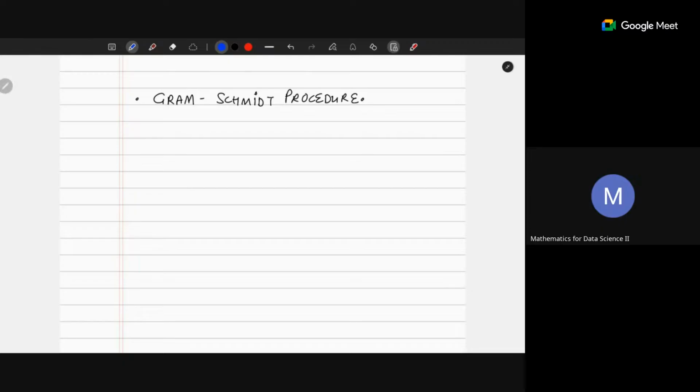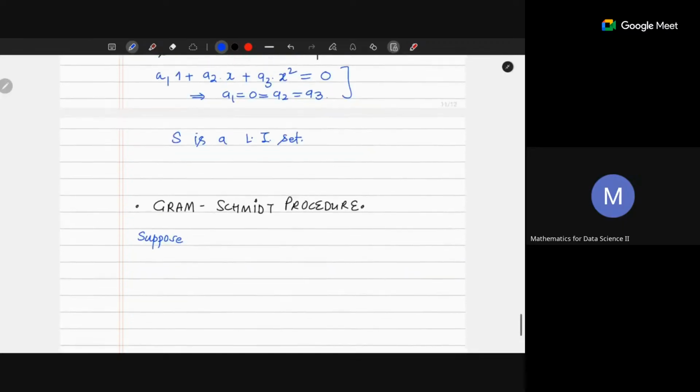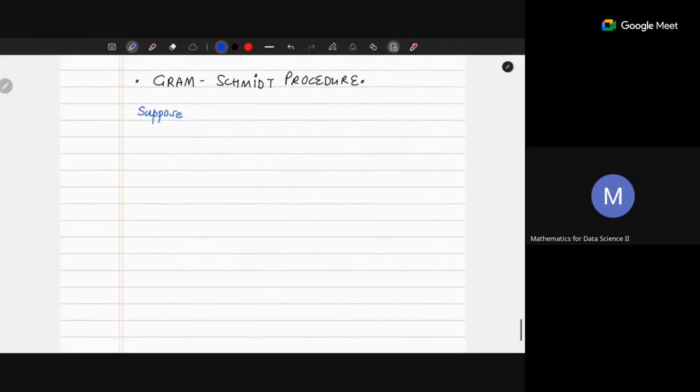Let me write down the general description of it, and then we will work out this example. Suppose v1 up to vm is a linearly independent set of vectors in V with an inner product.